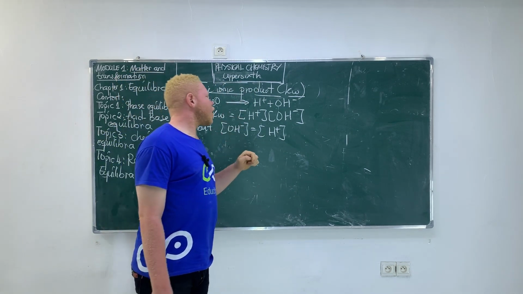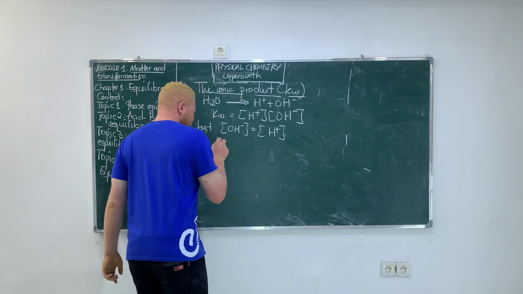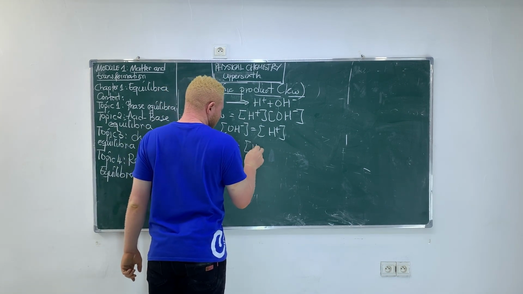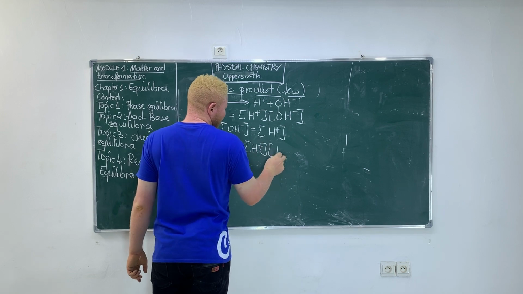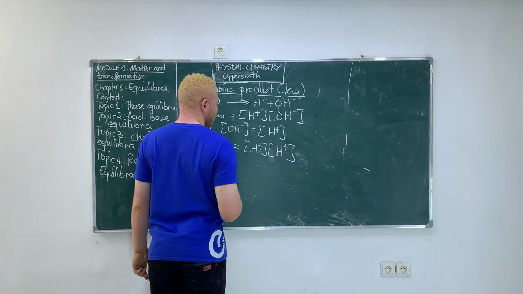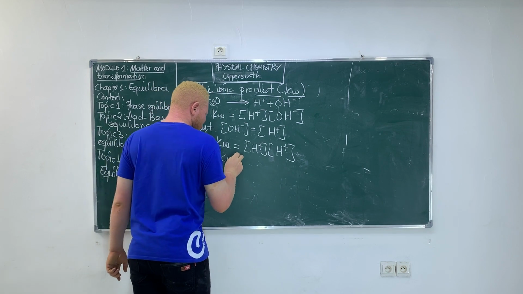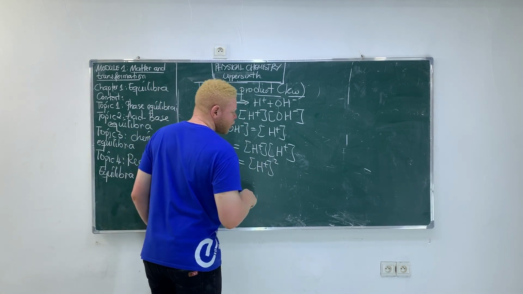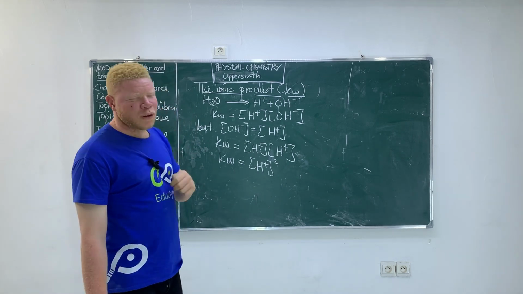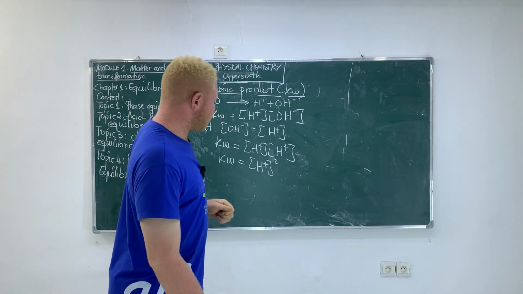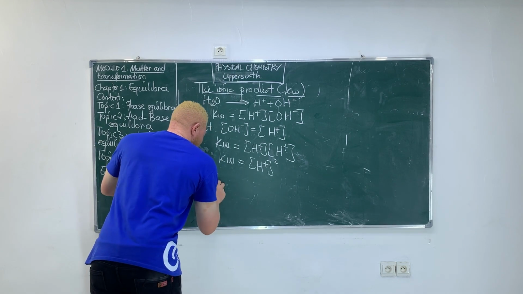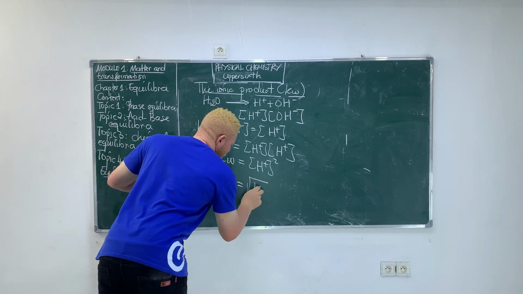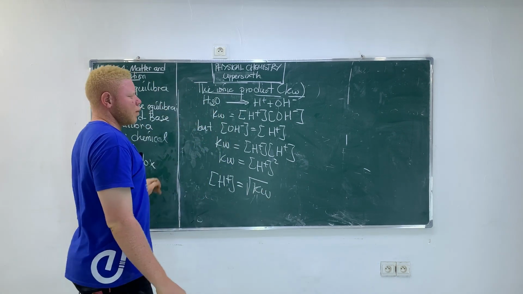So substituting, Kw equals the concentration of H plus times the concentration of H plus. Kw is the concentration of H plus squared. I can make the concentration of H plus the subject of the formula: the concentration of H plus equals the square root of Kw.